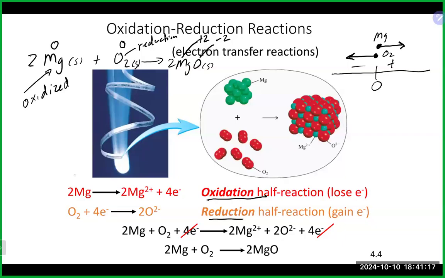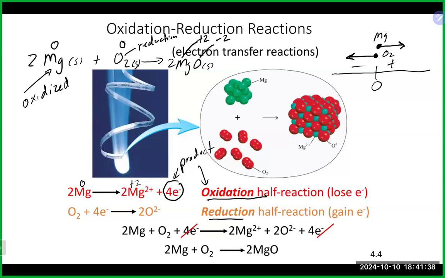So this is the oxidation half reaction going from 0 to +2. Because it is losing electrons in the reaction, electrons should be a product in an oxidation, like they're being given off. So we put the electrons on the product side like they're being given off.